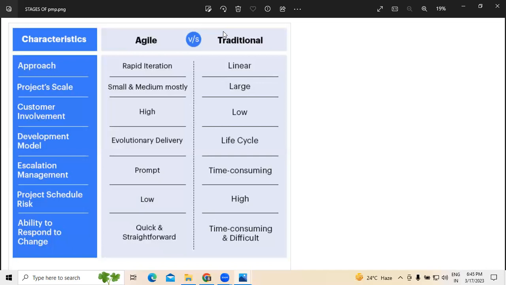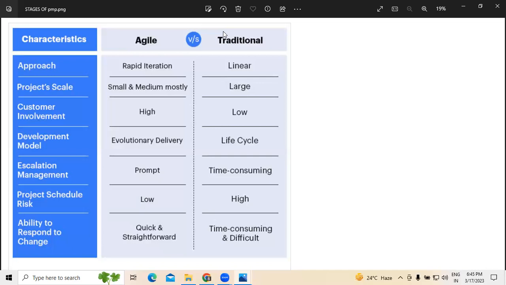Whereas the agile process is completely a rapid iteration approach, where whatever iterations we want to do based upon the requirement the customer has, development can take place. That's how the agile mindset generally is, because agile requires continuous delivery, continuous increments.